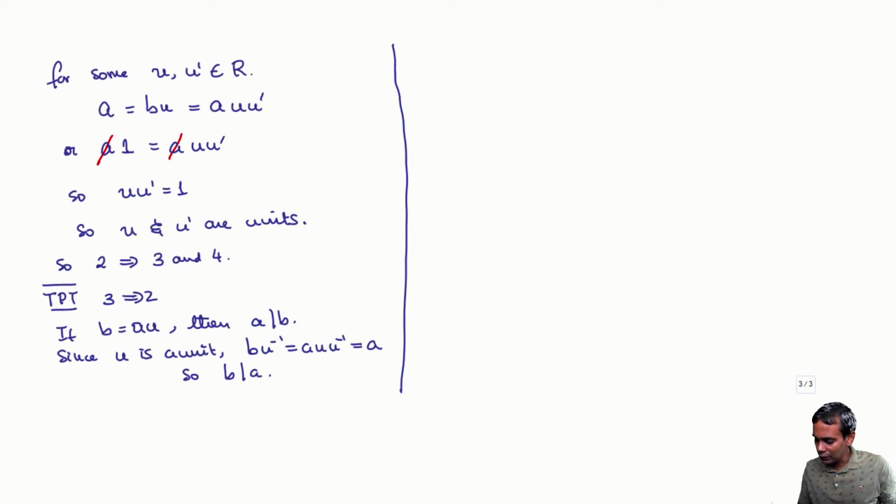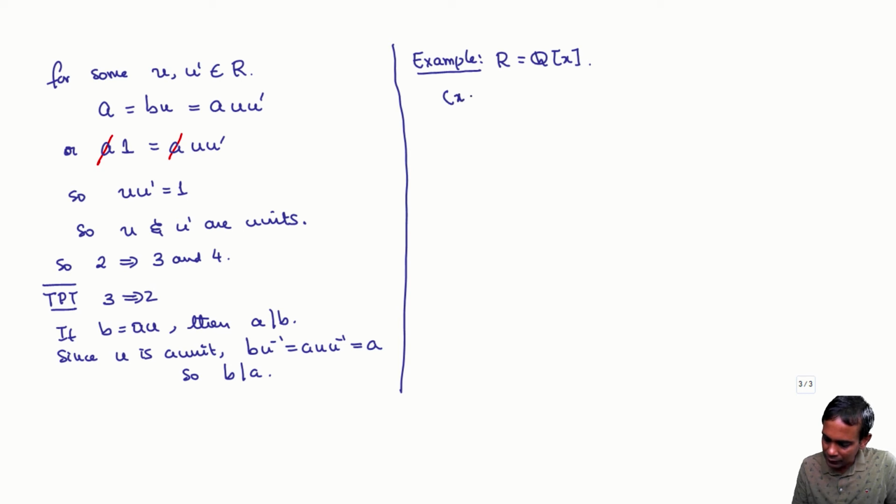Okay, so let's look at some examples. A very interesting example comes from the polynomial ring R equals Q[x]. Let me ask, what is the ideal generated by x minus 1?